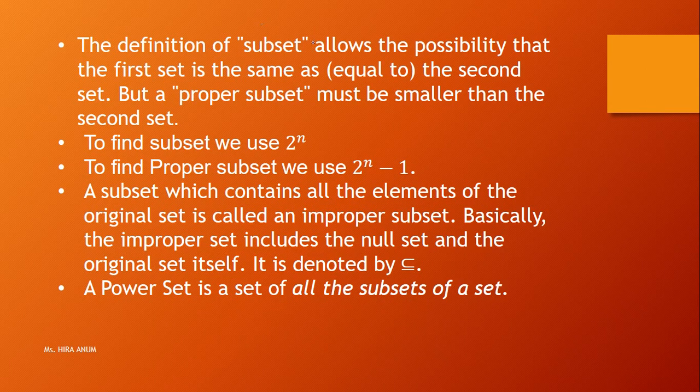The definition of subset allows the possibility that the first set is the same as or equal to the second set, but a proper subset must be smaller than the second set.